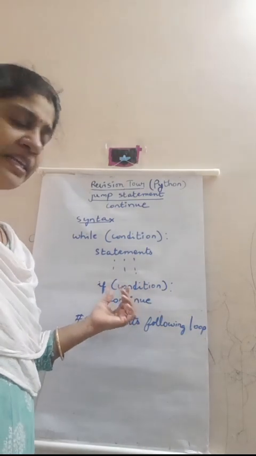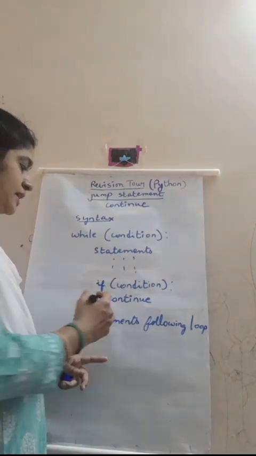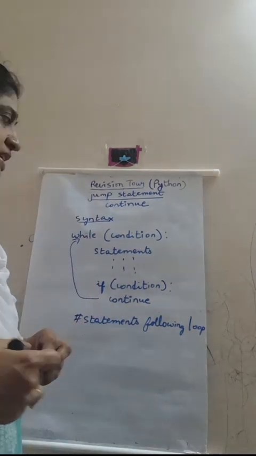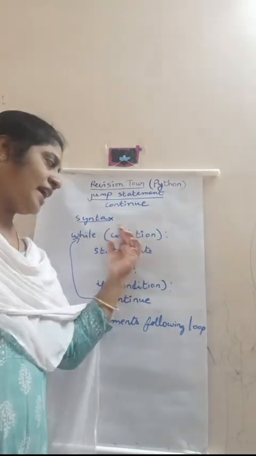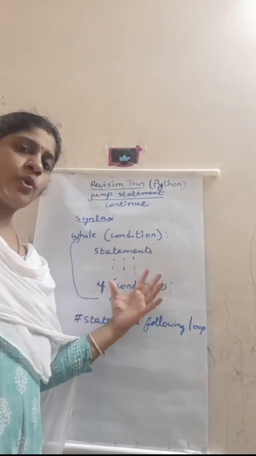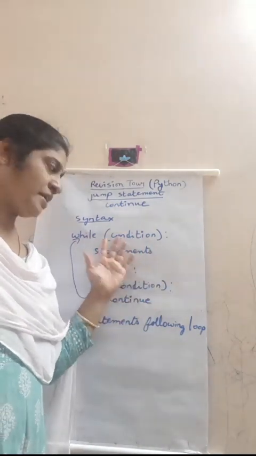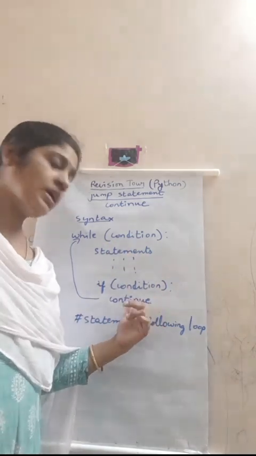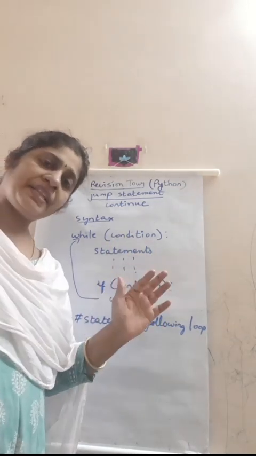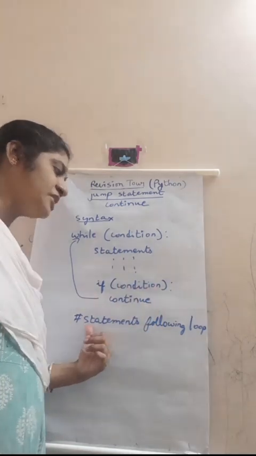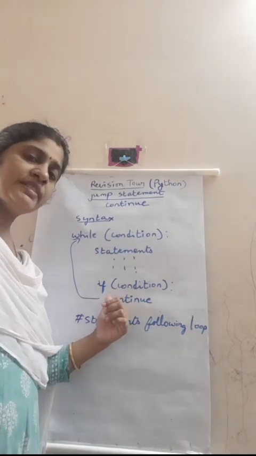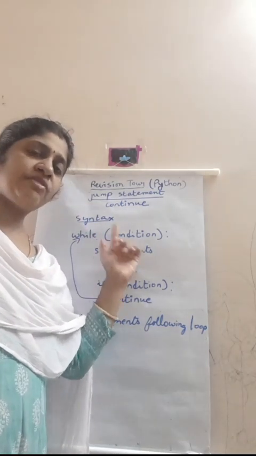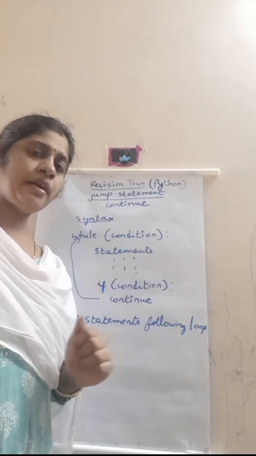What will happen is, continue will jump from here to the beginning of the loop, and it will check the condition, and again it will go inside the loop and continue executing the program. So this is how continue works. What happened in break? It was jumping to the statements following the loop, but in continue it will jump to the beginning of the loop. That is the difference between continue and break.